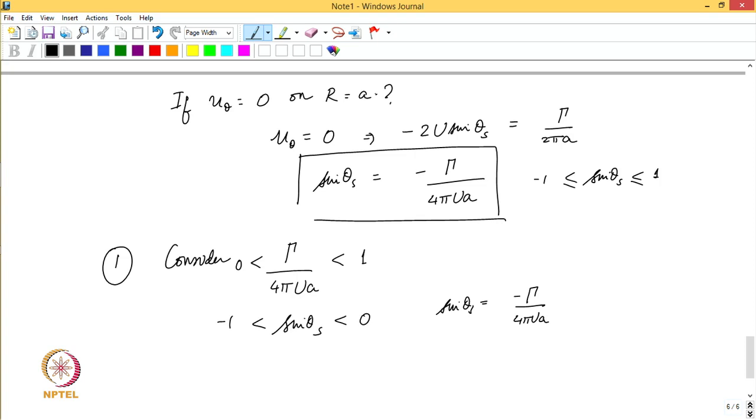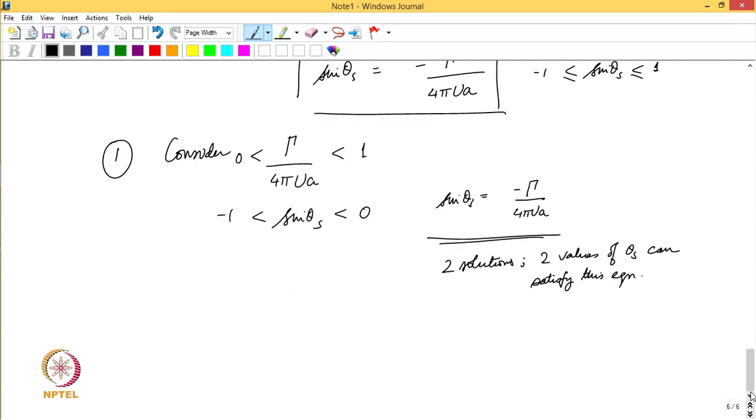So, there could be two roots to this equation, or two solutions, by which I mean two values of theta s can satisfy this equation. Think about this, because sin theta s is negative, right, these values should be in the third and the fourth quadrant. So, the two roots will be in the third and fourth quadrants.